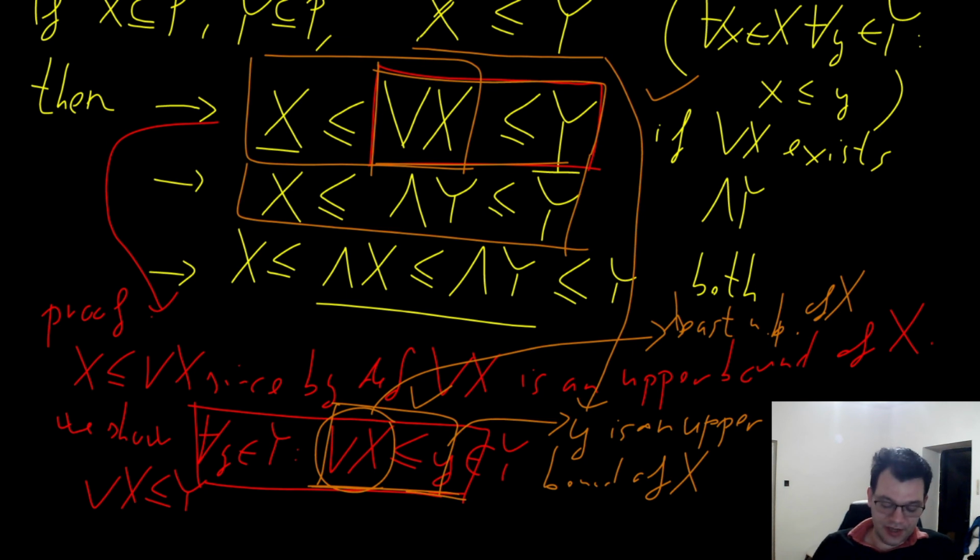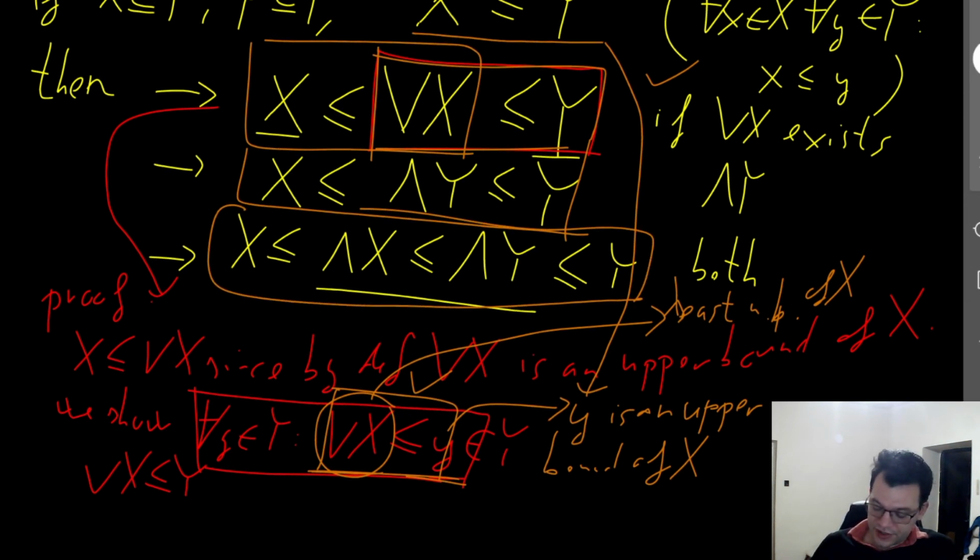This is the same thing by duality, but you are just playing with lower bounds and the greatest amongst them, instead of upper bounds and the least amongst them. So it's the same.